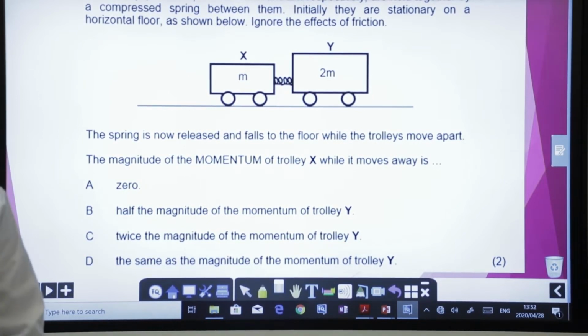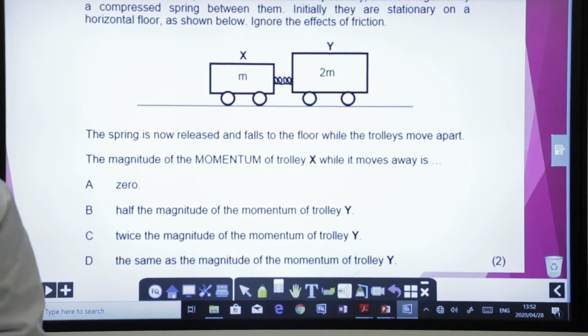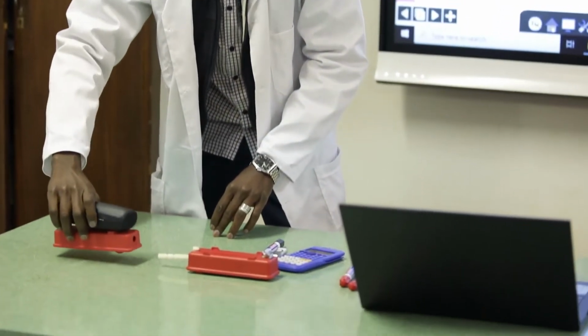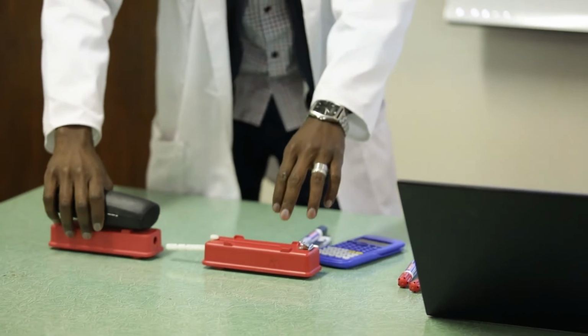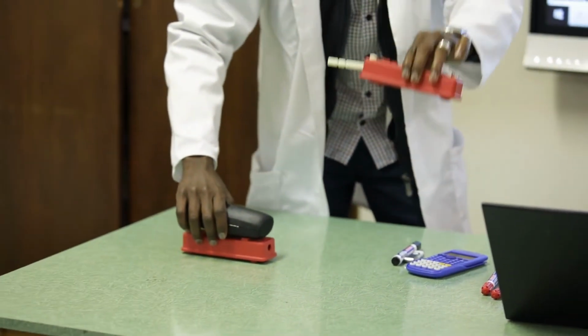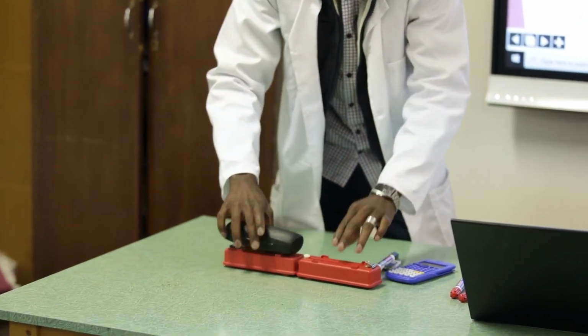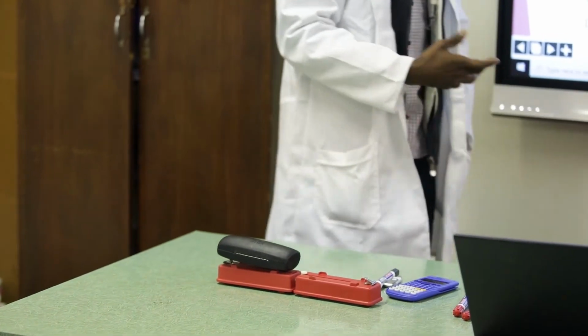The other one is heavier than the other. The question is, the magnitude of the momentum of trolley X, in this instance the lighter one, how does it compare to that of trolley Y?